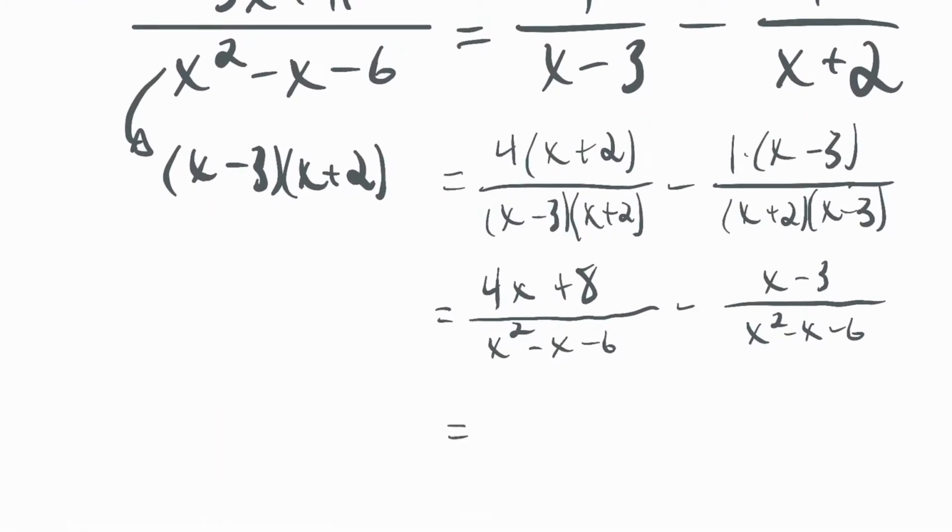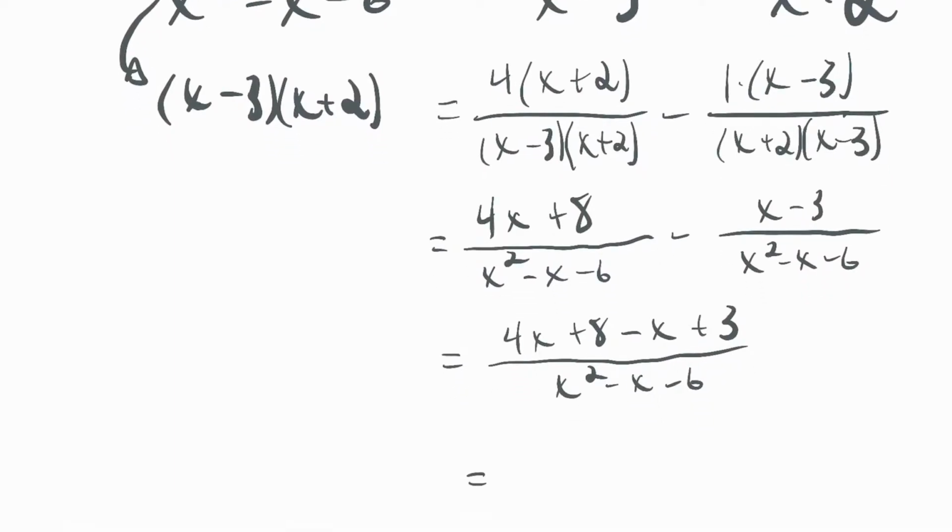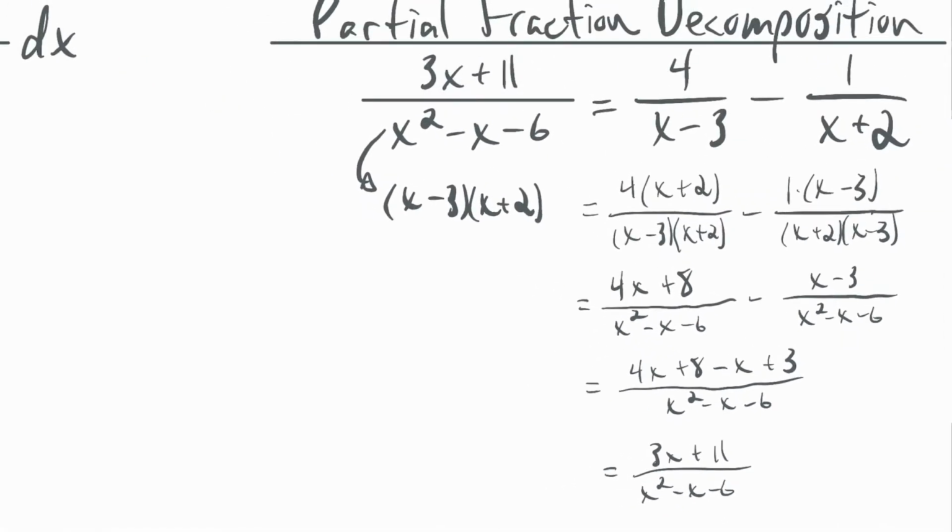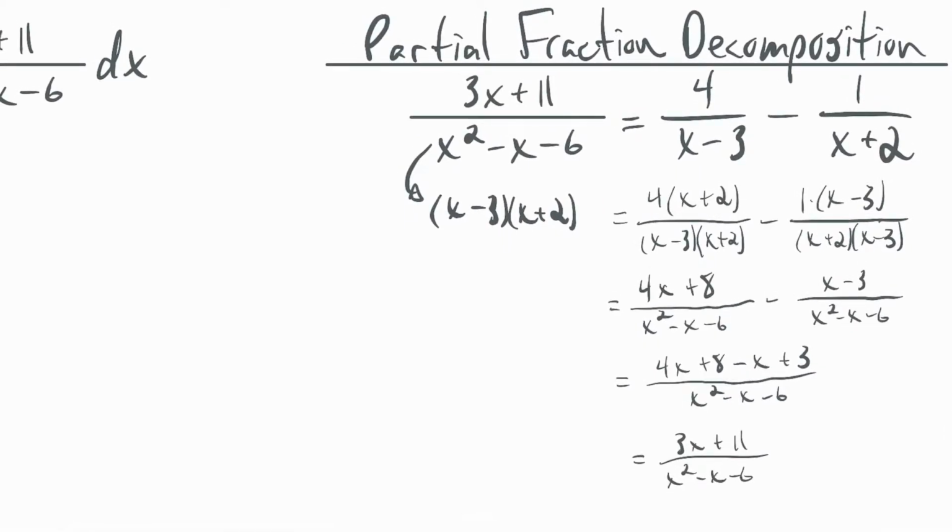I guess I really could have done that in one step. 4x plus 8 minus x plus 3. Plus 3 because of the double negative, right? Don't make that mistake. All over x squared minus x minus 6. And if you combine like terms, you get 3x plus 11 all over x squared minus x minus 6. So yes, indeed, this is what's called a partial fraction decomposition, and we've confirmed that this is correct.